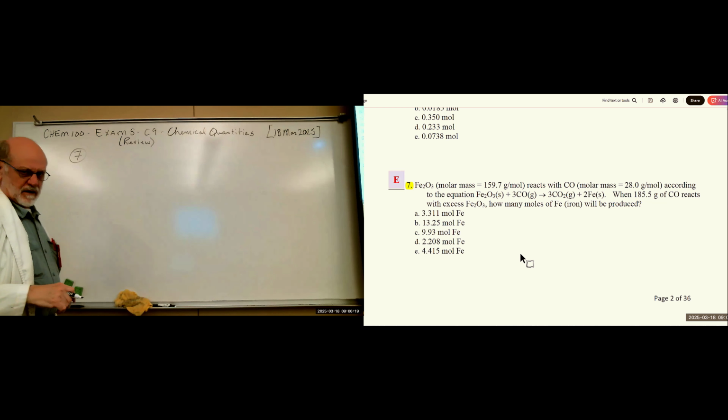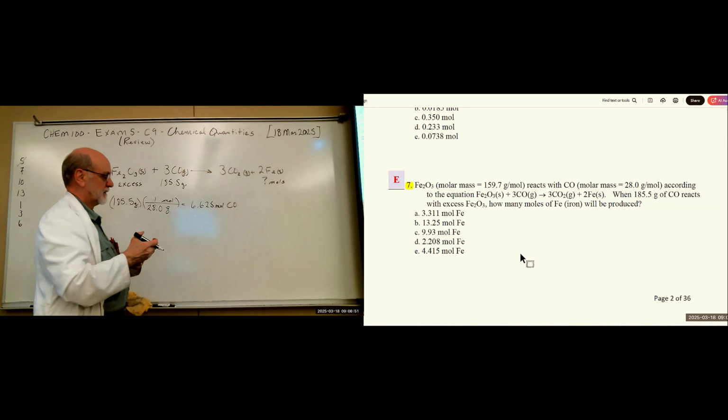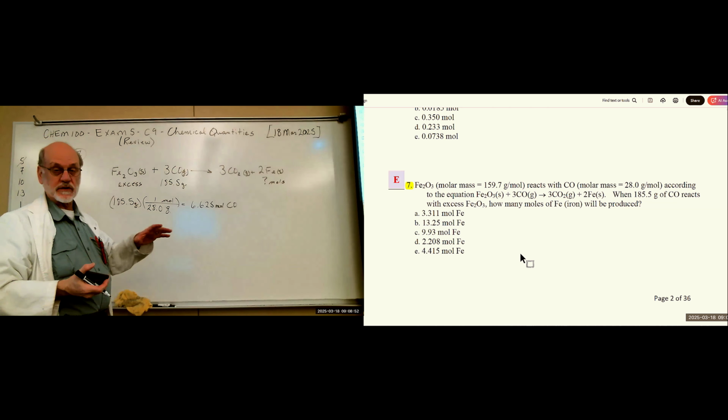So you don't even have to calculate it yourself. All right, so we divide that into 185.5, and we get 6.625 moles of carbon monoxide. And notice I kept extra decimal points. Well, actually, I didn't keep any extra because this is 4 significant figures, and that's 4.